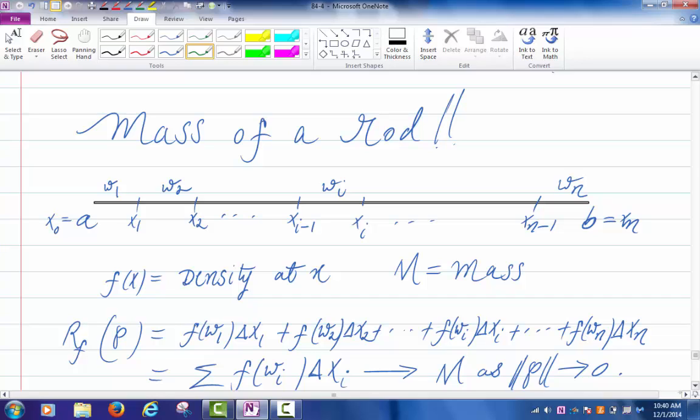Well, we define the mass of the rod to be the limit of these Riemann sums as the mesh goes to zero. Or as we pick bigger and bigger partitions, the Riemann sums will converge to a number, and that number is the mass of the rod. Am I making sense?